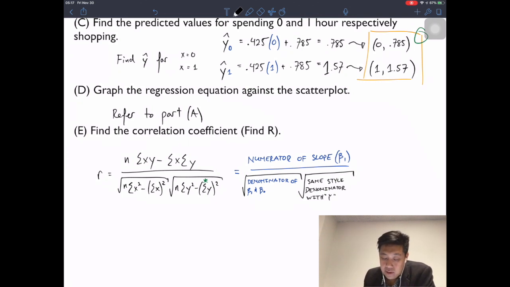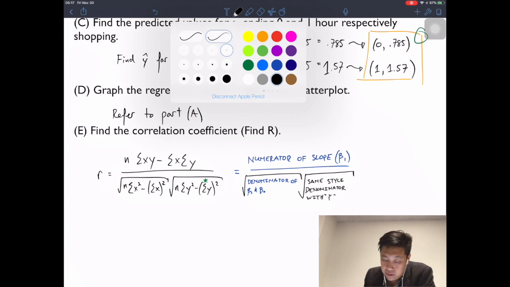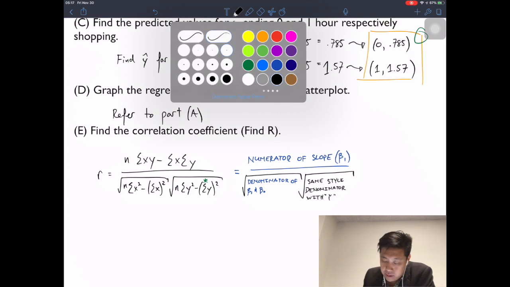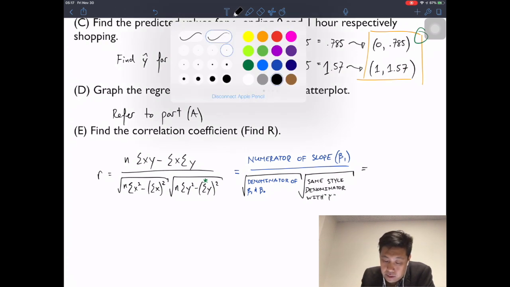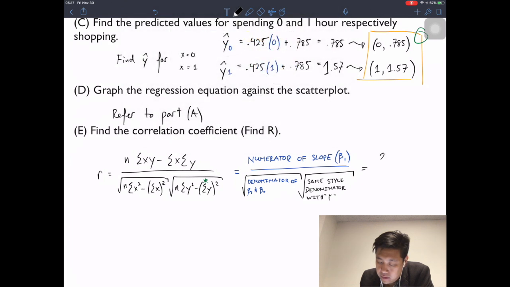Now, the way to do this, I would personally not calculate the square roots immediately. I would write it as the following. So here, we already know this number. This one is going to be 21.25 all over square root of 50, right?